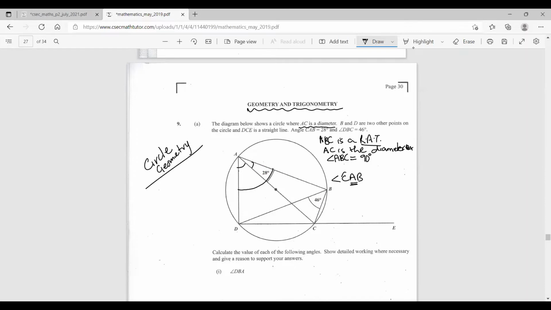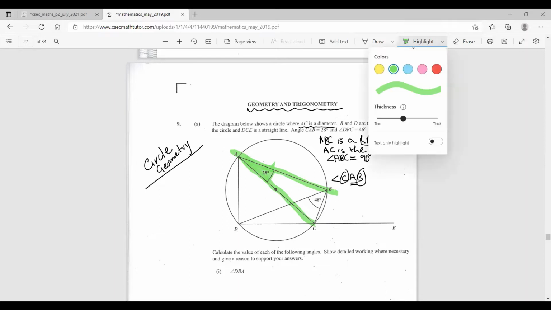So the first letter and the last letter will guide us as to where the angle actually is. We start from C and we go up to A, and then we take from A and we go down to B. C to A to B, and the angle is between those two lines.